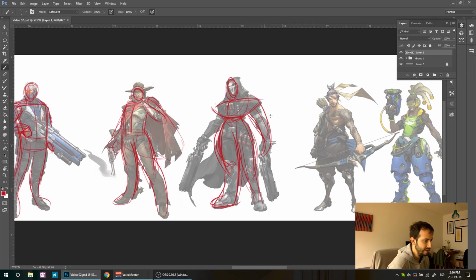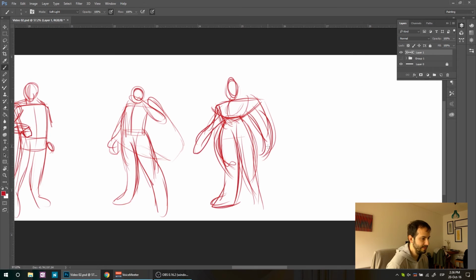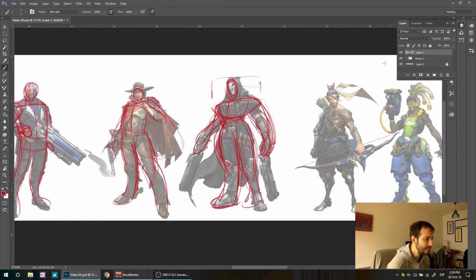So you can see that you're talking about a strong, imposing character. If you just look at the shape, you can see the difference. This difference between the shoulders and the head makes him feel like a really strong, imposing, heavy character, compared to McCree here, who doesn't have as broad shoulders.